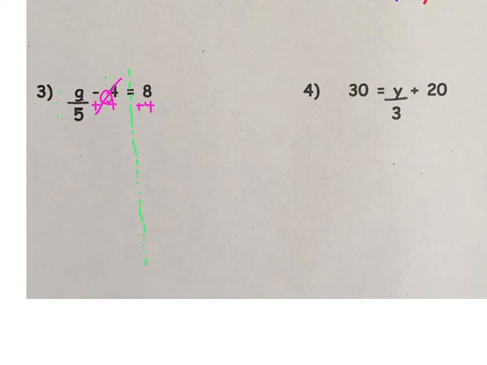What are we left with? G divided by 5 equals 12. Now remember, this bar means divided by, and the inverse or the opposite of dividing by 5 would be to multiply by 5.